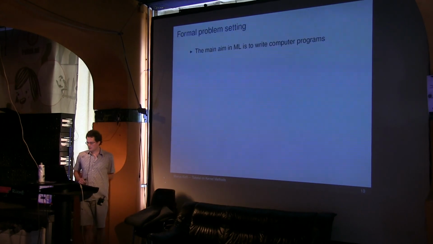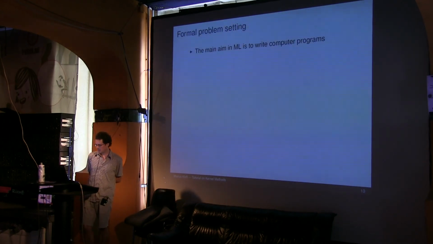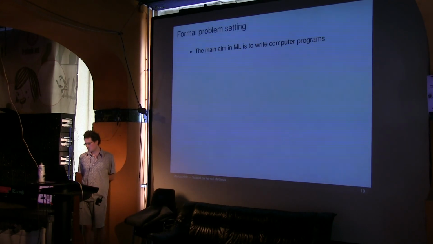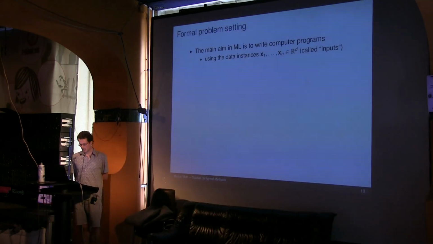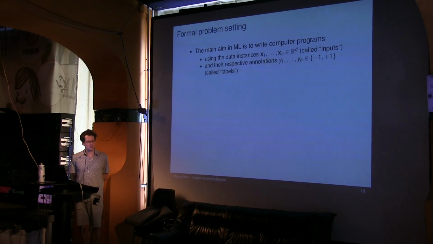So, formally, the simplest formulation of machine learning is that we aim at writing computer programs that use data instances xi and their respective annotations yi.